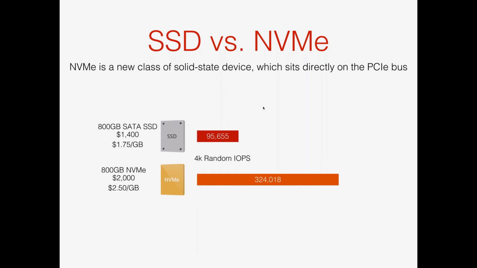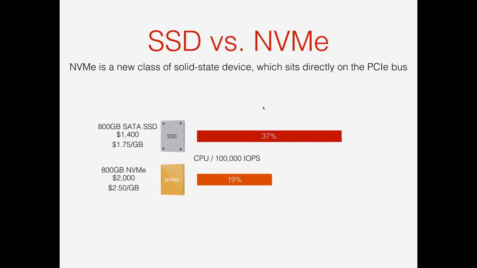So the overall performance is much better. You get almost over 3 times the performance on these sample ones, and your CPU overhead is a lot lower. So NVMe certainly is an interesting storage technology if you're considering Storage Spaces Direct.